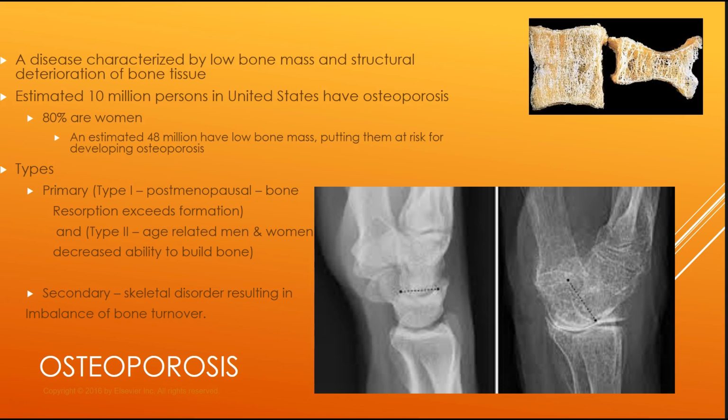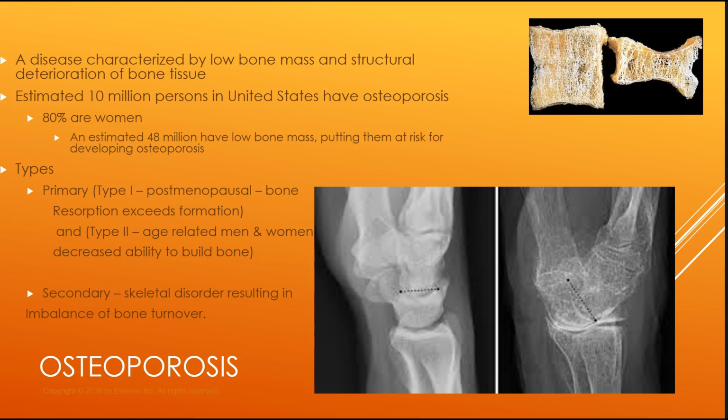And so the vertebral body collapses on itself. You see that a lot in older people that have had injuries to their spines. Those vertebral bodies no longer have the height that they used to.